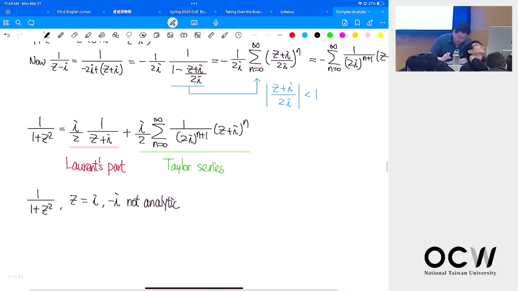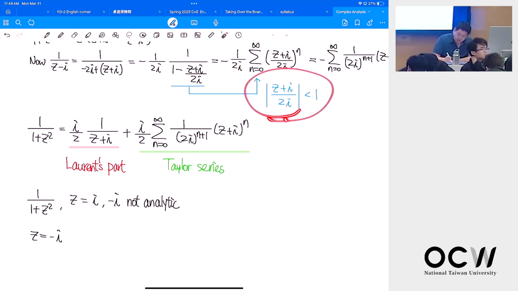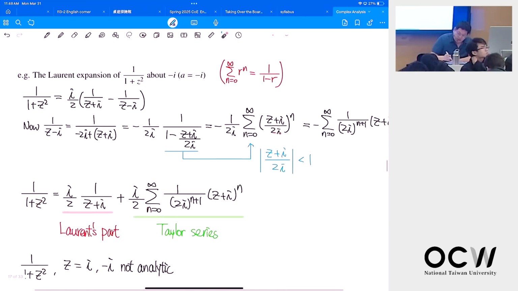For z equals minus I, we need to find the ratio. The ratio should be less than 1. Again, why should the ratio be less than 1?